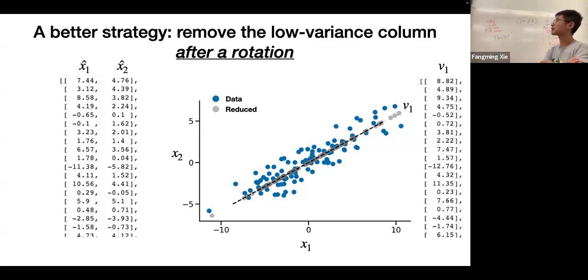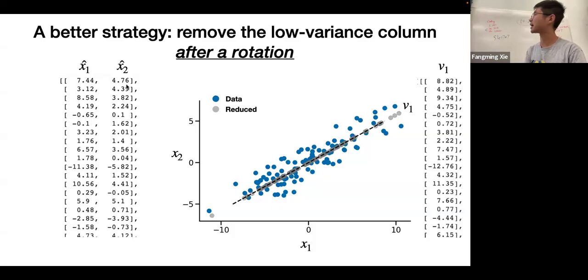Rather than dropping one column directly, you first rotate the structure along some axes to capture the most variable axes in your data. Then you project all the data onto that line and drop the direction perpendicular to that line. That's a better strategy that preserves more structure from your data.